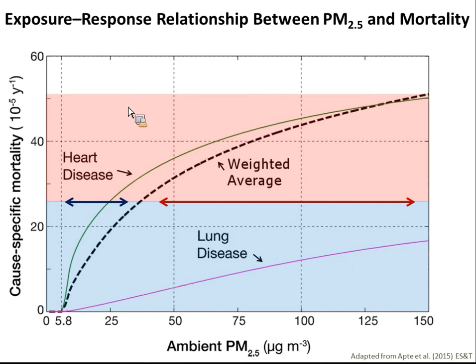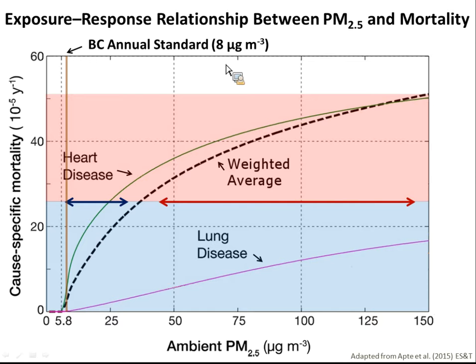And that's important because we have pretty clean air here in British Columbia. This is our annual standard right now, 8 micrograms per meter cubed on average, so not very different from the 5.8 micrograms per meter cubed we're looking at in the minimum of this plot.